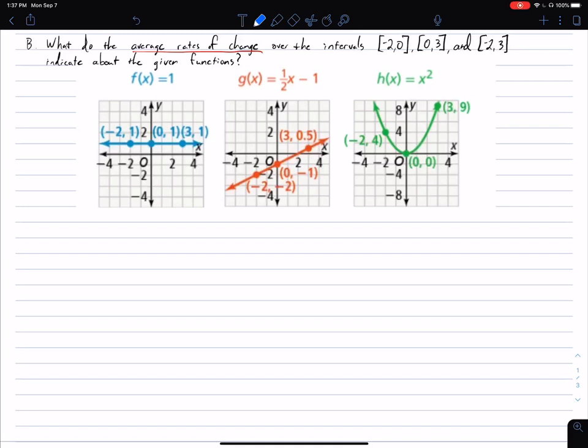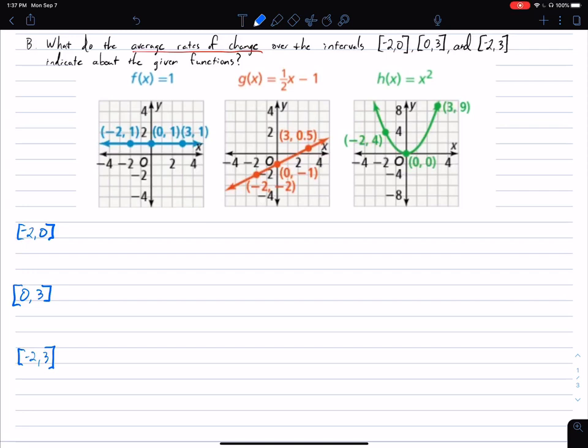So we want to look at -2, 0, 0, 3, and -2, 3. Now, the book isn't very clear about this, but they want each of those three average rates of change for each of the graphs, this blue one, this red one, and this green one.